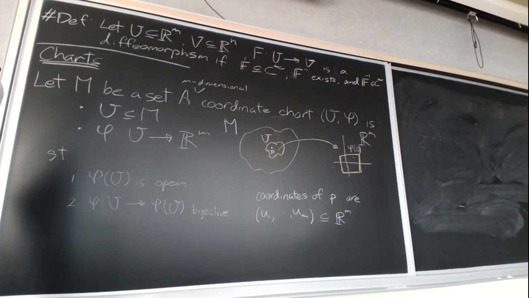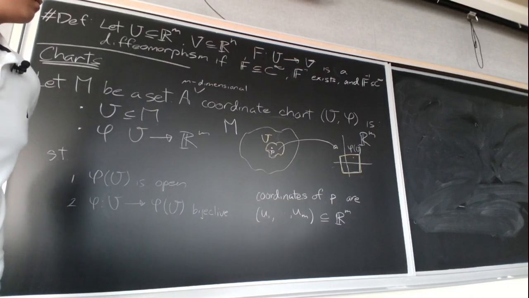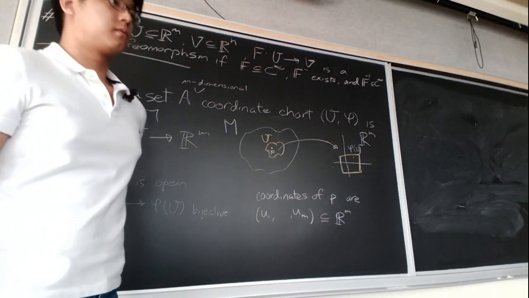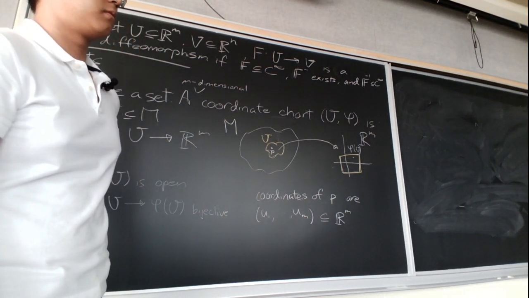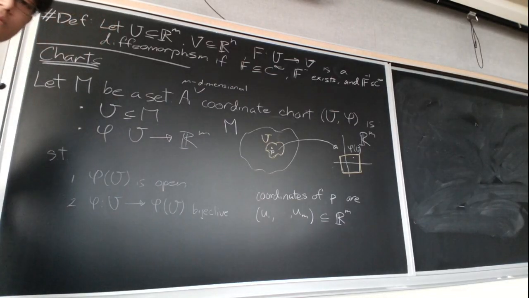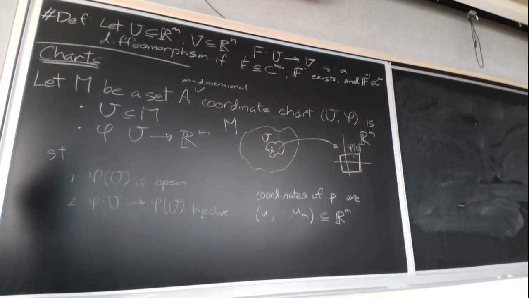An area around every point. Yes, a little ball around every point, so that within that ball I can approach that point from every direction and take a derivative in any direction. So for me to do derivatives nicely with these charts, the image has to be open, so that I have enough directions to go in at every point. And it's bijective just because I want good coordinates, so that they're actual coordinates.